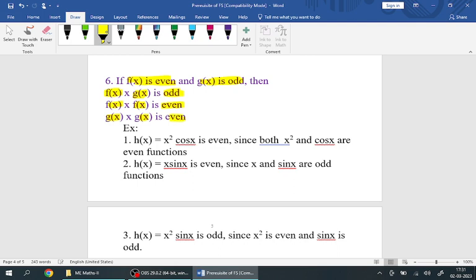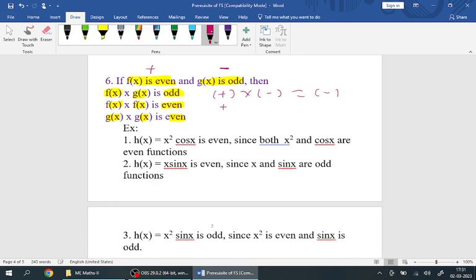You can correlate it with the signs also. Consider the even function as a plus and the odd function as a minus. Whenever we multiply a plus number into a minus number, the result is a minus number, meaning even into odd is odd.